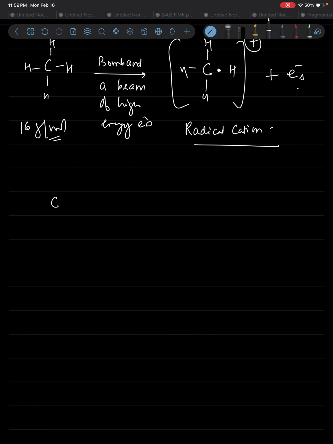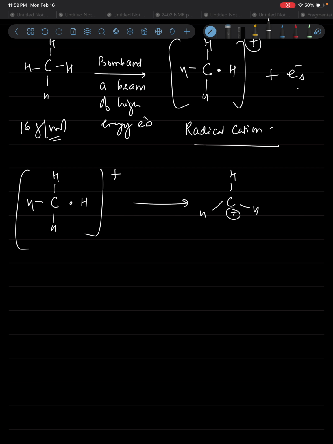The type of fragmentation that can happen: I have this radical cation and it undergoes fragmentation. What I can get is one cation like this one plus the hydrogen, as with the odd electron. So the mass to charge ratio for this would be 15, right?